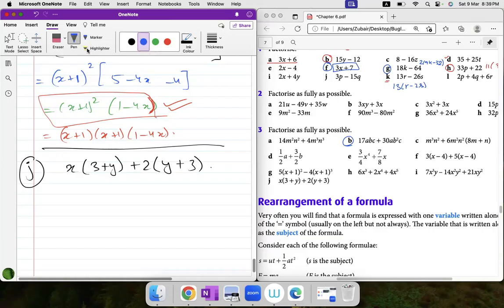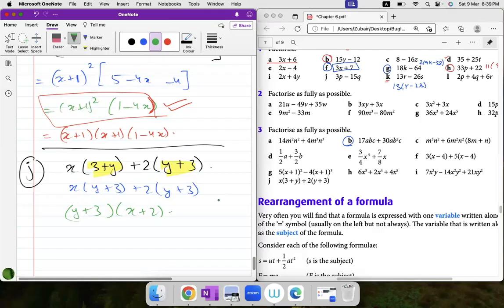Both of these are the same. Can we choose one or the other way to do it? So (x plus 3) and then in brackets (x plus 2)? Yes. So it is basically (y plus 3) into (x plus 2).